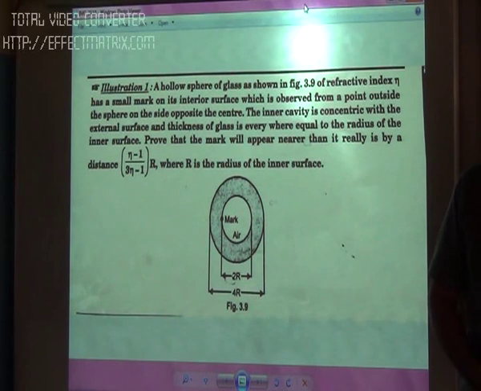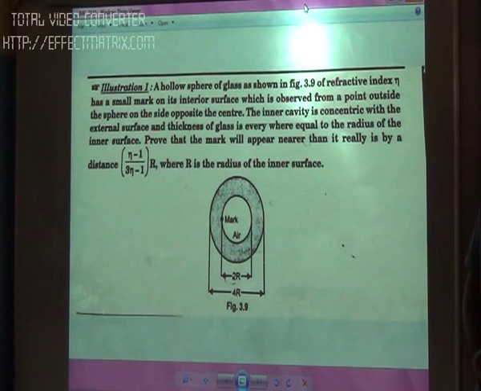Generally in books you will see mu2 upon v minus mu1 upon u is equals mu2 minus mu1 upon r. That is with respect to Cartesian coordinate convention. This is the real space and virtual space convention we are using. Don't get confused with that. Okay, clear? Convenience of problem solving will be good with this real space and virtual space convention.